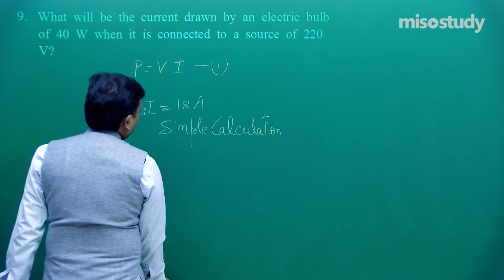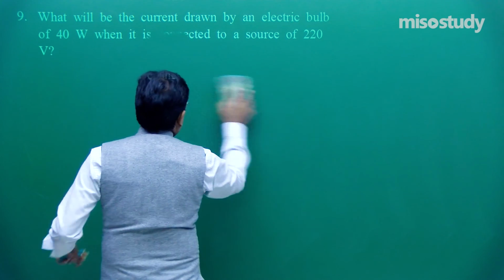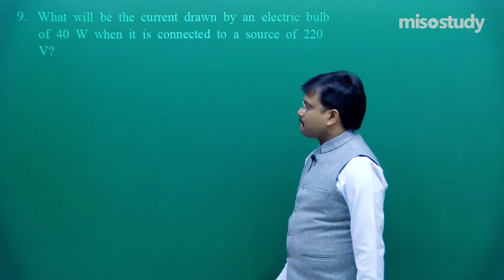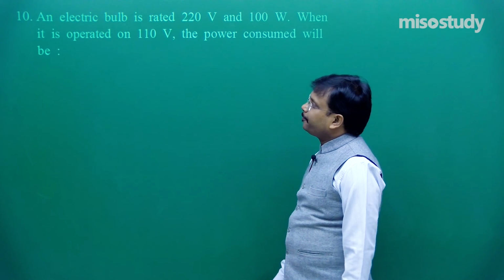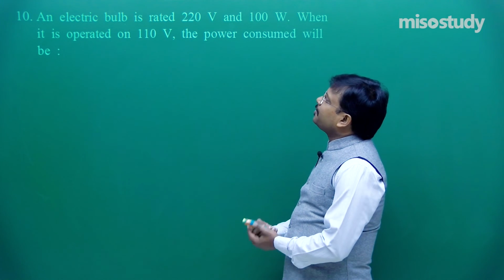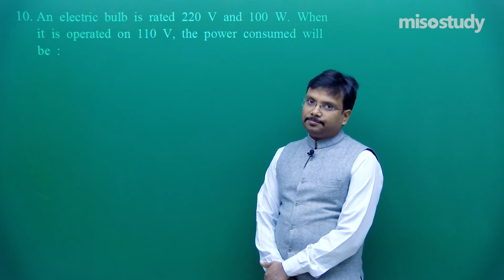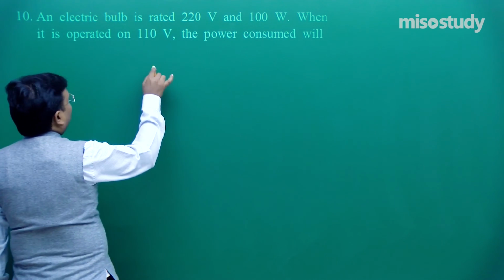Very basic calculation. Then comes question number 10. An electric bulb is rated 220 volt and 100 watt. Okay. So, let us start explaining.